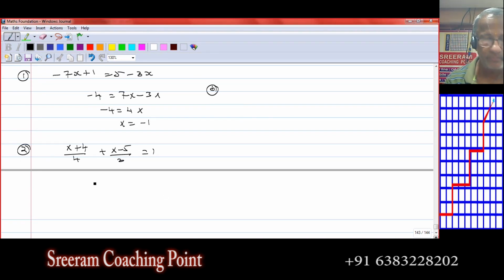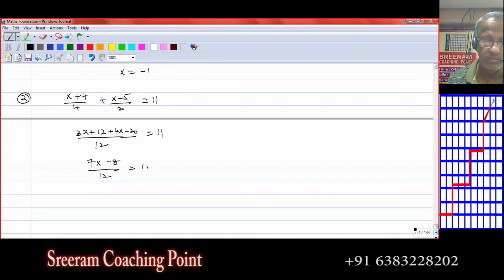What is x? 12 is the LCM: 3x plus 12 plus 4x minus 20 equal to 11. 7x minus 8 divided by 12 equal to 11. 7x minus 8 equal to 132. 7x equal to 140. x equal to 20. Check it up.